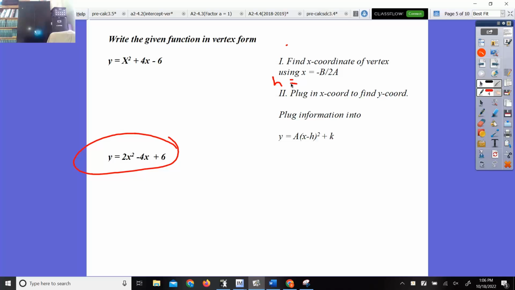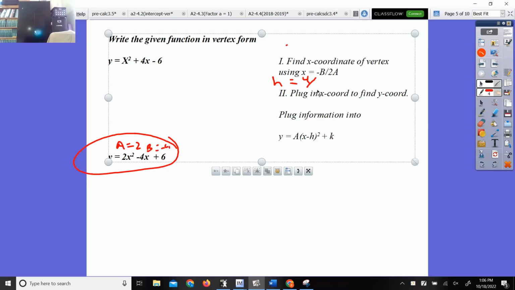So if I look at the second one, what's a? 2. What's b? -4. So h has to be opposite b. What's the opposite of -4? Sitting over twice a. 2 times 2, that's right. So 1. Now I have the x coordinate, better known as h. How do I find the y coordinate of the vertex, better known as k?